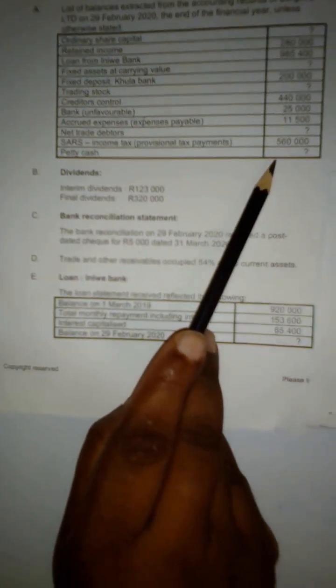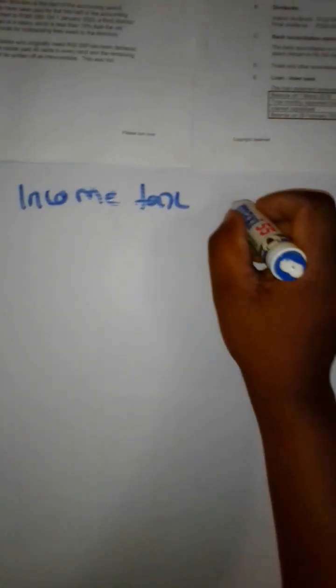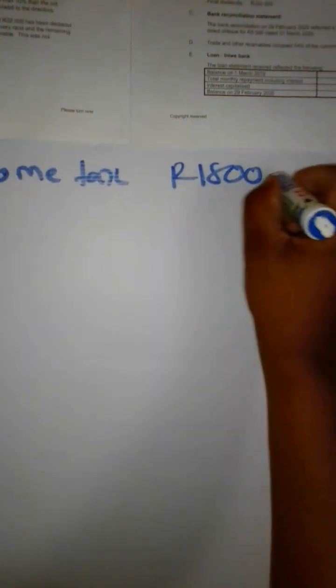Okay, and then let's look again. What else do we have? We have got SARS income tax here. The provisional income tax that was paid is 560,000. But here on adjustment number F, they've also given us something. Net profit before tax is 1.8 million. Income tax at the rate of 30% must still be brought into account. Let's calculate the income tax. We have 1.8 million, which is the net profit before tax, multiplied by 30%, it will give us 540,000.